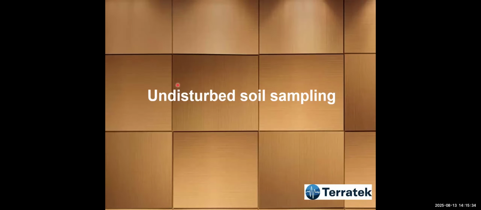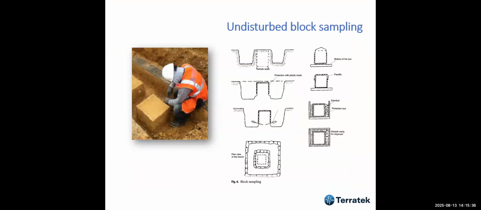Well, let's have a look at undisturbed soil sampling. The best way of doing soil sampling is this: undisturbed block sampling, with this methodology which is explained in many manuals, standards, and books. But this doesn't apply to very soft material, and we can only obtain these block samples at a shallow depth.